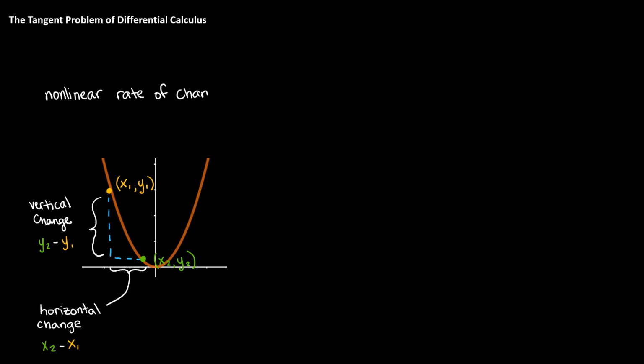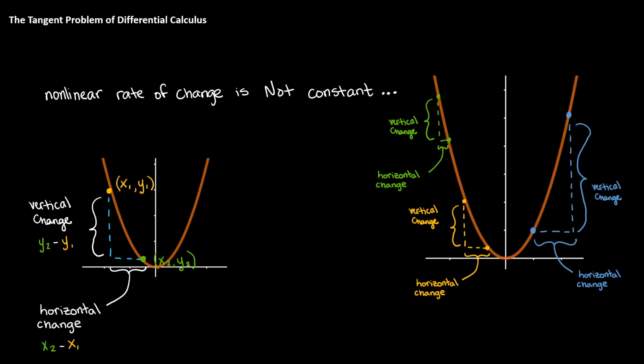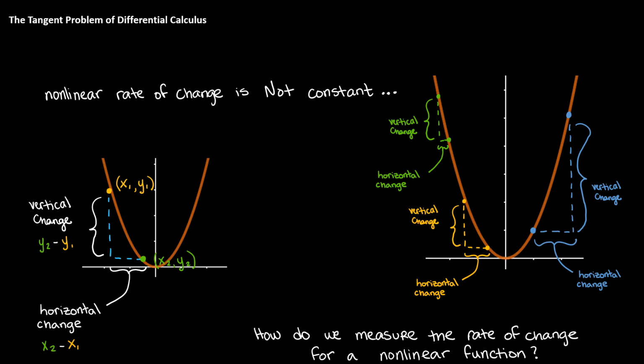The problem, though, is that this non-linear rate of change isn't constant. So we can approximate the rate of change between any 2 points we want, but they won't apply in other cases. So we need to come up with a way to talk about the rate of change for a non-linear function, meaning a function that's curvy. It doesn't follow a straight line.